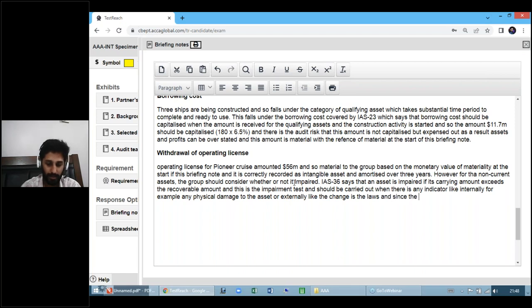And since the governments of many countries did not allow them to operate, it is the external indicator of impairment. The impairment test should have been carried out.